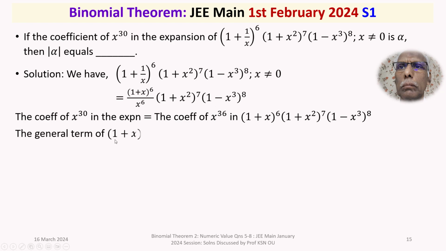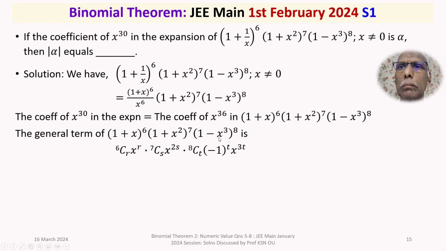The general term of this one is given by 6Cr multiplied by x to the power of r. Here (1 + x^2)^7 gives 7Cs multiplied by x to the power of 2s. Yes, another dummy suffix we have used.